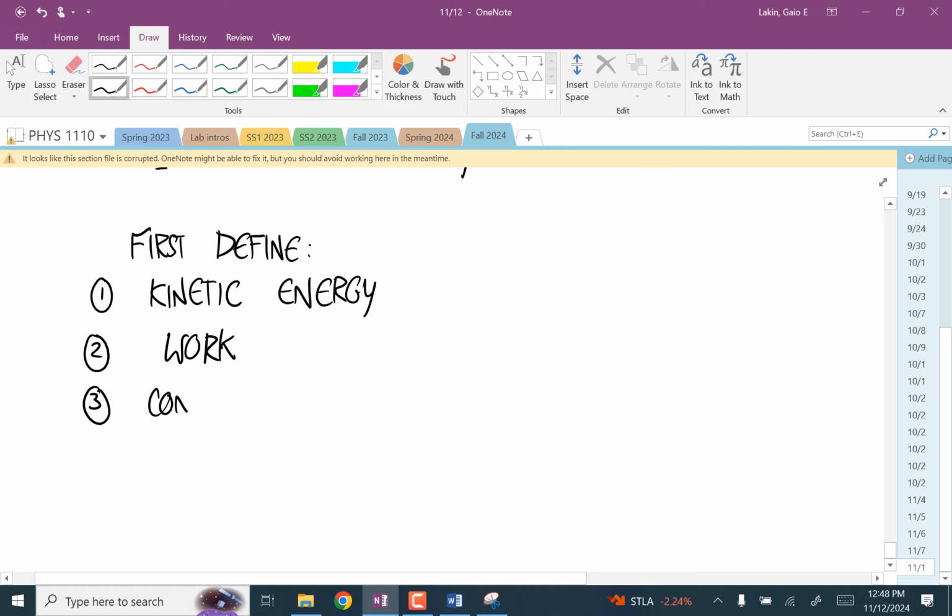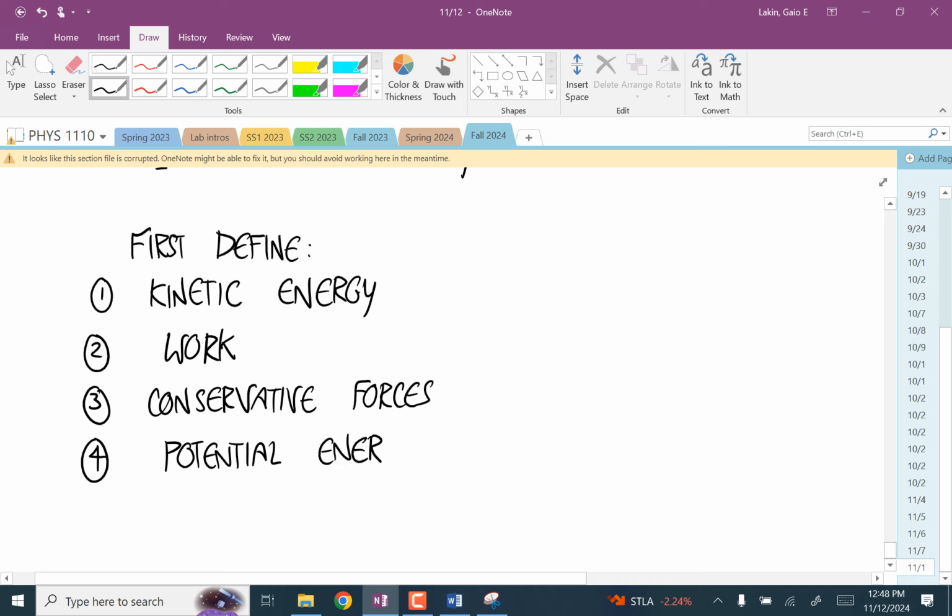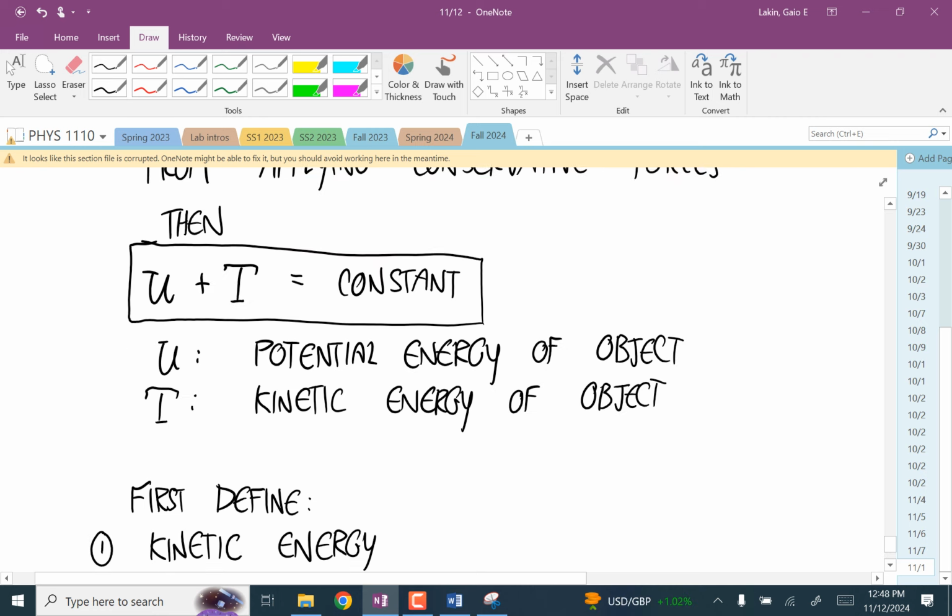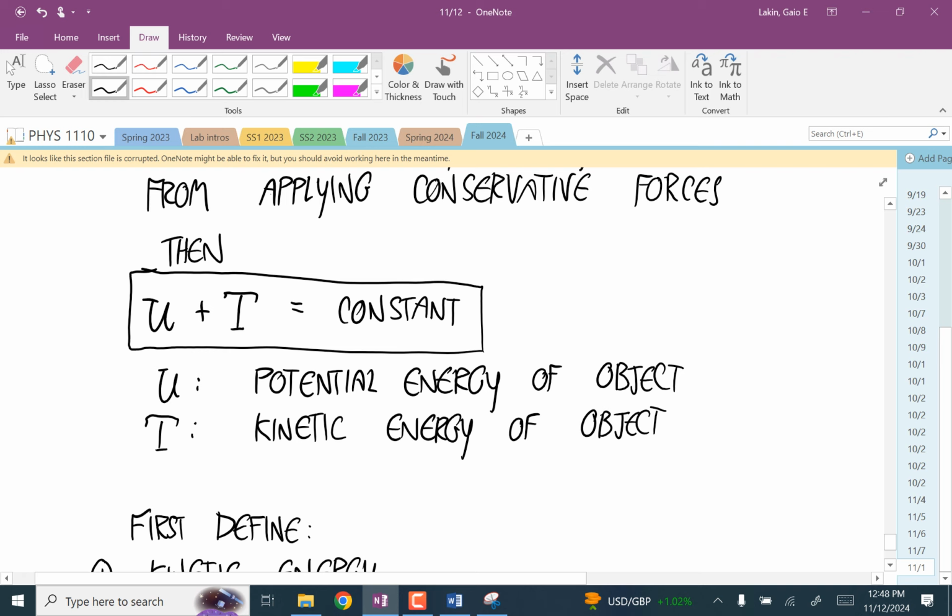We'll have to define conservative forces. And then last, potential energy. And once we know what all four of these things mean, then we can use this equation.